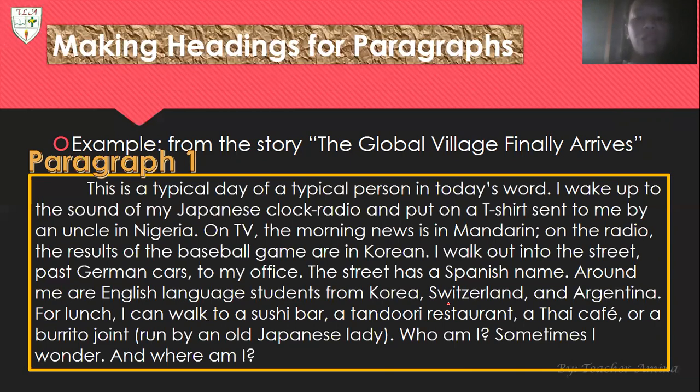I walk out into the street past German cars to my office. The street has a Spanish name. Around me are English language students from Korea, Switzerland, and Argentina. For lunch, I can walk to a sushi bar, a tandoori restaurant, a Thai cafe, or a burrito joint run by an old Japanese lady. Who am I? Sometimes I wonder. And where am I?